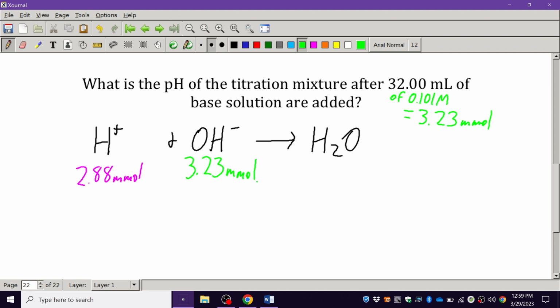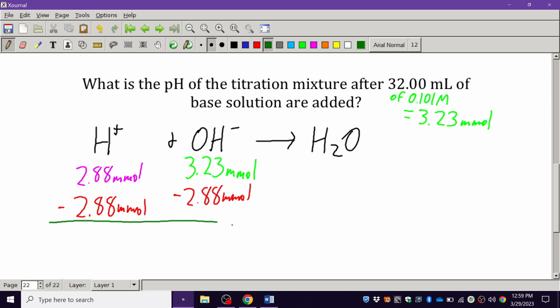Yeah, the H plus. Okay, I've added an excess of base. So all the hydrogen ion is going to be consumed. What's 3.23 minus 2.88?